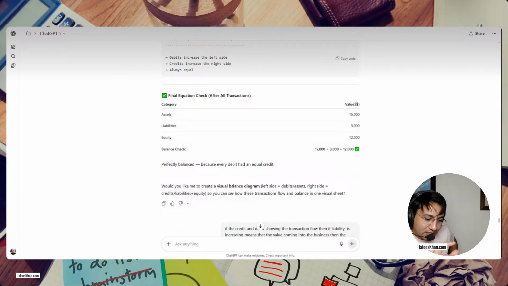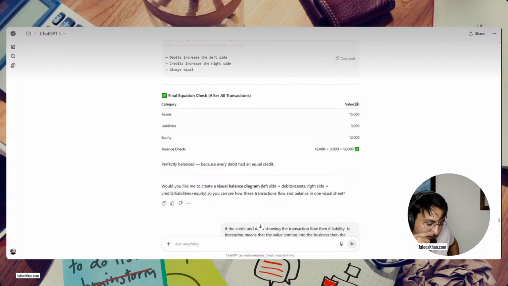The asset is paying the owner, or the person, as cash out from the business. So it's the starting point of the transaction. The asset is going to be credited because it is paying out, and the equity side is taking the payment.